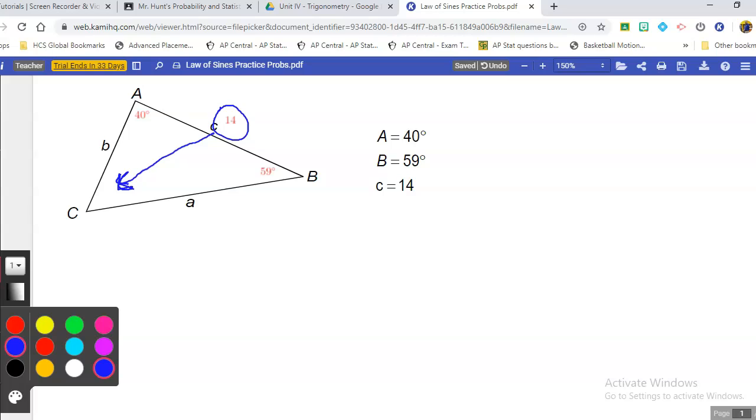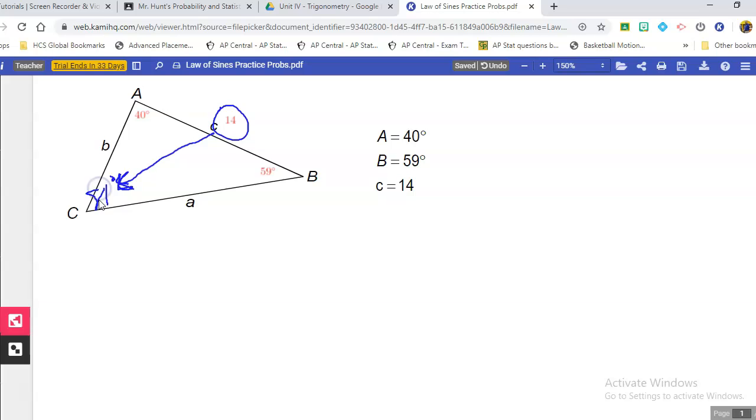If we use the idea that all triangles have angles that add up to be 180 degrees, we'll see that 40 and 59 add together to be 99, and that leaves a measure of 81 degrees here for this angle. And maybe I might type that in.